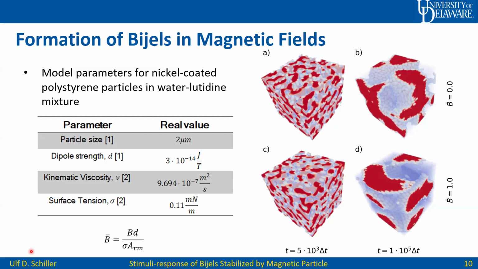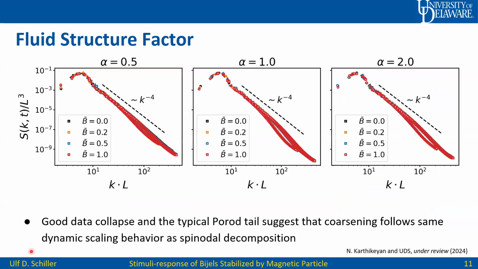This has extensively been studied in spinodal decomposition. One thing that we found during the analysis is that if we plot the structure factor S of k and t in wave vector space and scale it with the domain size that we have obtained, we get a pretty good data collapse.